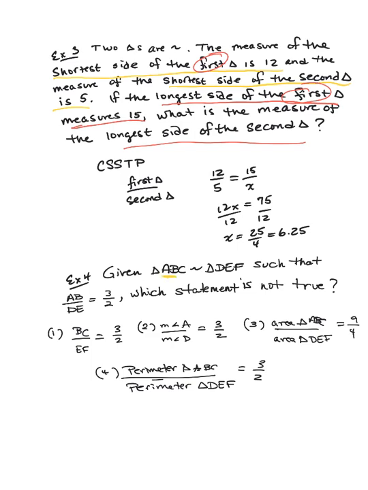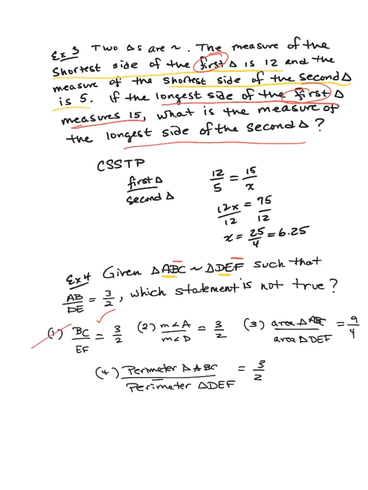Okay, so AB to DE, these are corresponding. So the ratio is 3 to 2. So that means the corresponding sides are in the ratio of 3 to 2. Okay, so now let's look at the first one. We're looking for what's not true. BC, does that correspond to EF? Yes. So that means the ratio is 3 to 2. Check.